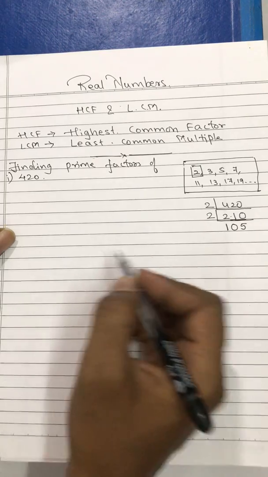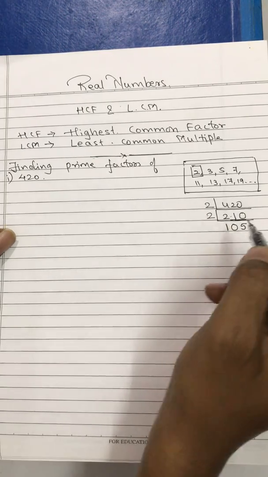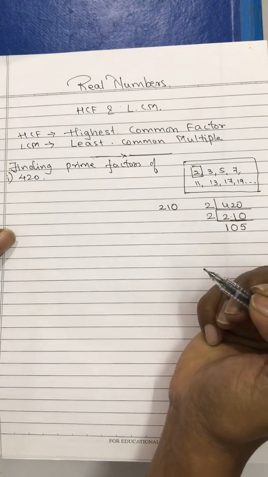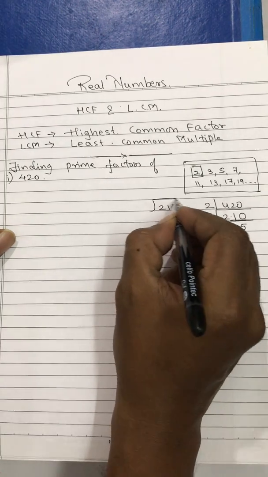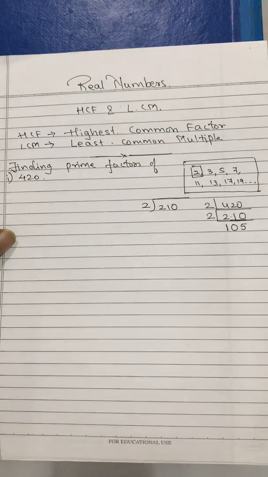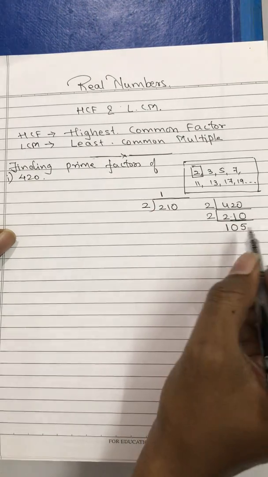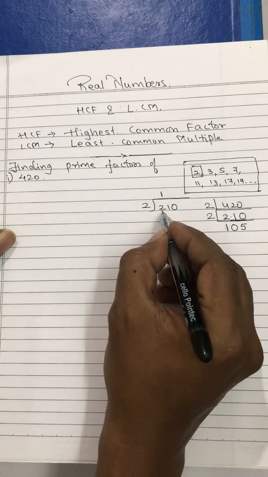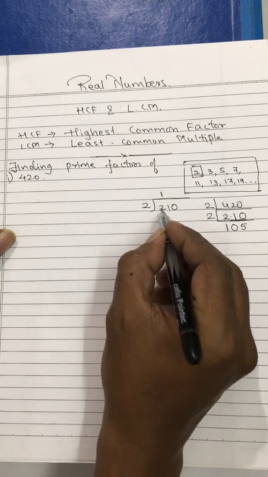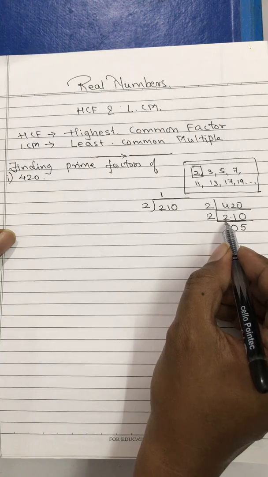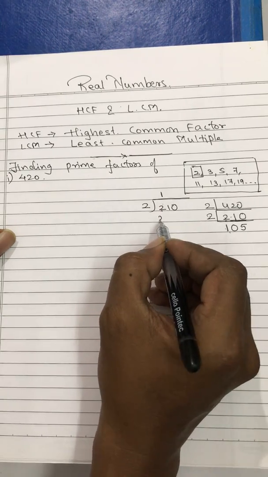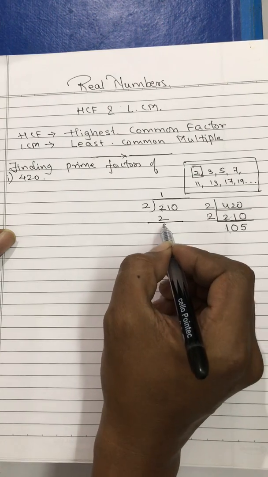So I'll rather show it in a normal way. 210. When we divide this 210 by 2, first we divide only 2 1s are 2. We divide only one number, the first digit, because it is divisible. 2 1s are 2, and then there is a 0 remaining over here.